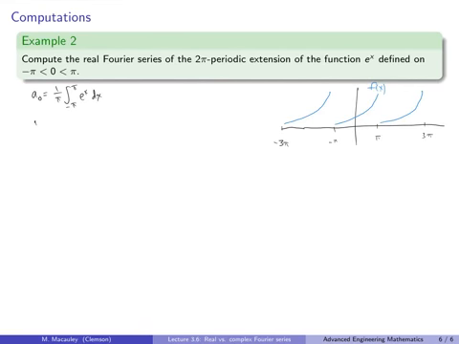That's not too bad, but a n is 1 over pi from negative pi to pi of e to the x cosine of nx dx, and bn is 1 over pi times the integral from negative pi to pi of e to the x times sine of nx dx. And these things are both nasty integrals.